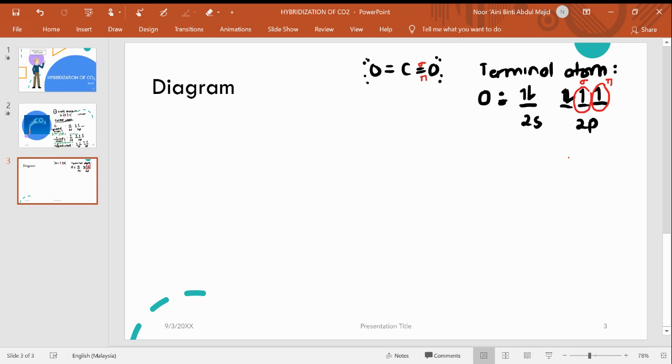Now let's sketch. We have carbon, the central atom, with two sp orbitals. Remember, the arrangement for sp is linear. This is carbon. Label sp and sp with two unpaired electrons. And carbon also has two 2p orbitals, pure 2p orbitals.